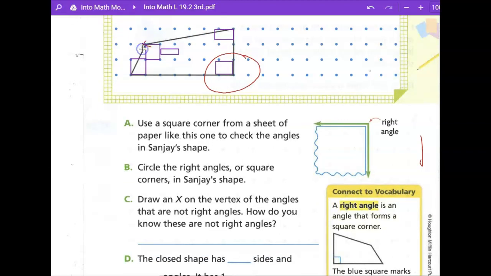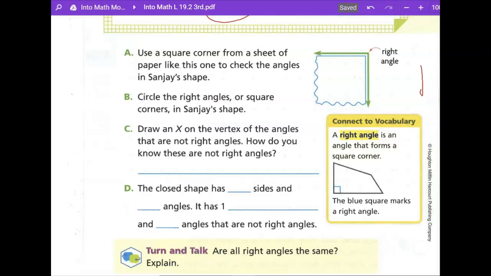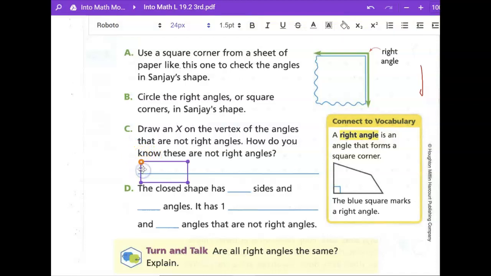So you should draw lines over these little blue marks. Okay? How do you know these are not right angles? How do we know that? Because they are not square corners.